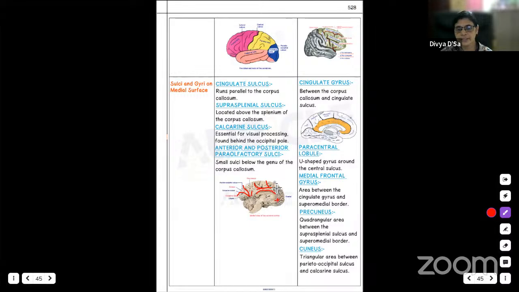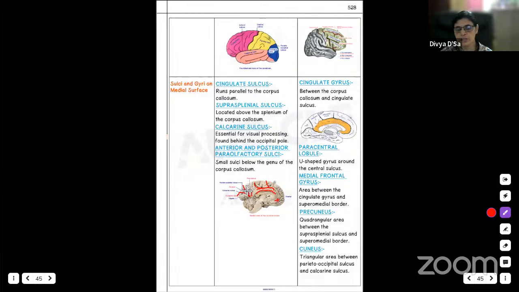Then this is the medial frontal gyrus, the area between the cingulate gyrus and the superomedial border. This portion here is the precuneus, and between the parieto-occipital sulcus and the calcarine sulcus, we have the cuneus.